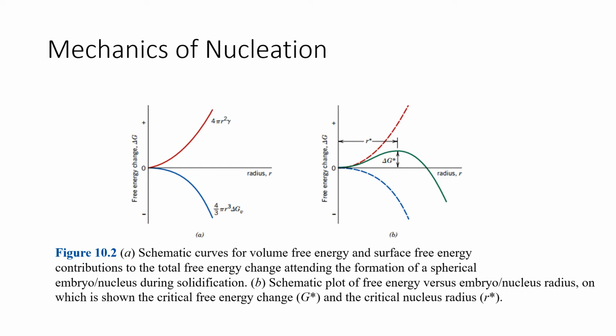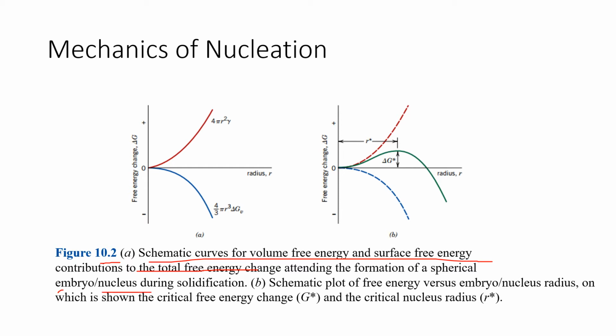Here we explain the previous equation, the two contributions, with these schematic curves. Figure 10.2a shows schematic curves for volume free energy and surface free energy contributions to the total energy change attending the formation of a spherical embryo or nucleus.